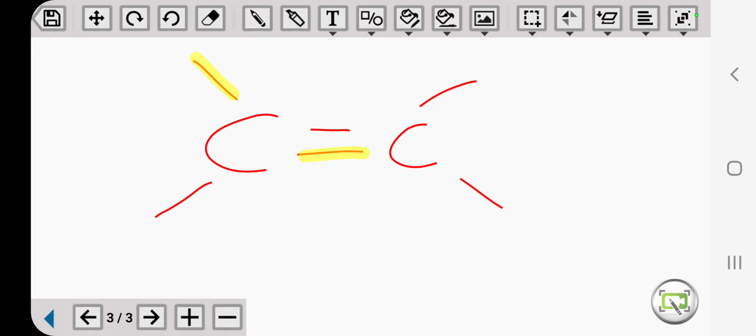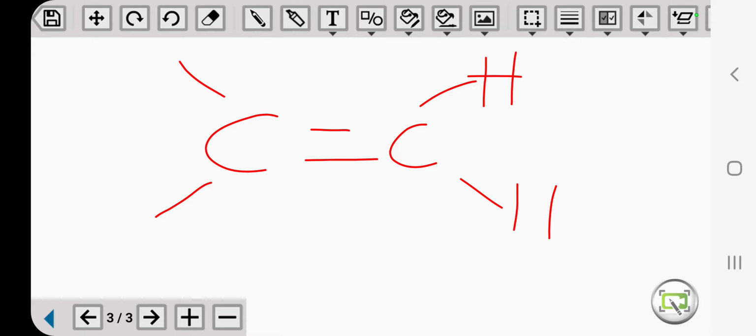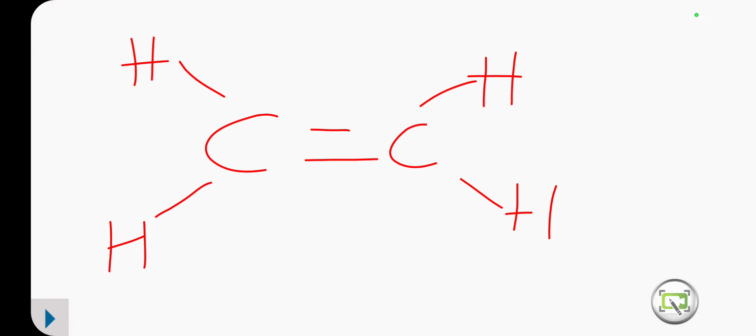Because this compound already has a double bond in between, we can only add another 2 bonds in the form of hydrogens. So this specific carbon compound, which is an alkene, will look like this. There will only be an additional 2 hydrogens around each carbon because of the double bond that already takes up 2 of the vacant spaces around each carbon.